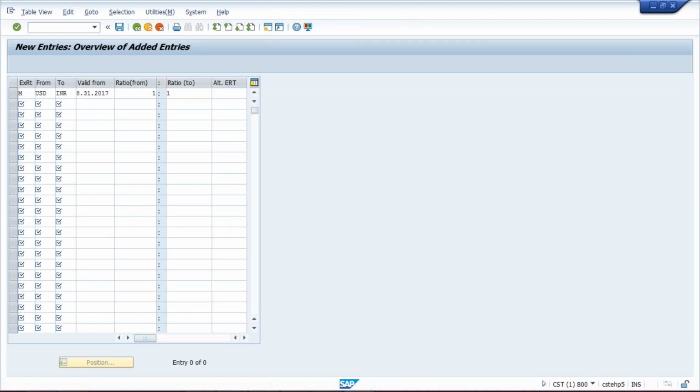Why have I given 1 is to 1? I'll let you know. Generally 1 is to 1 itself will be there. Press enter. Save it.